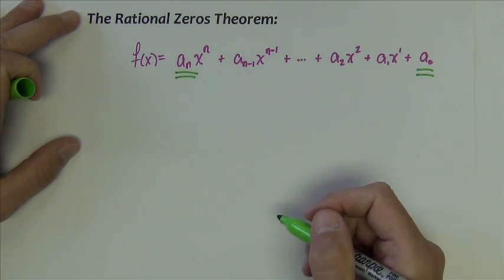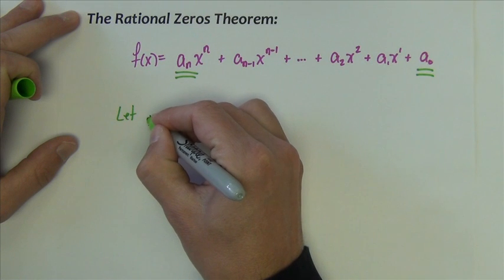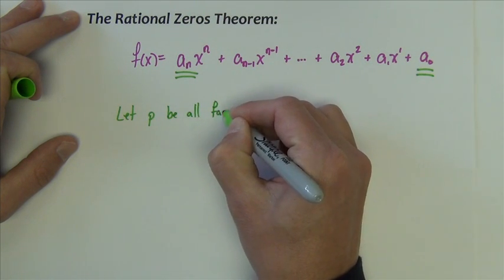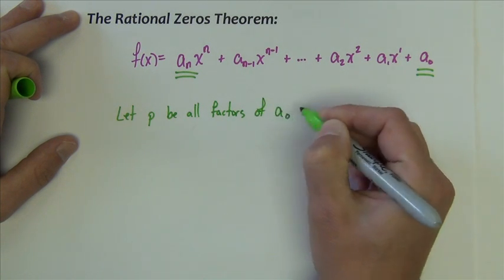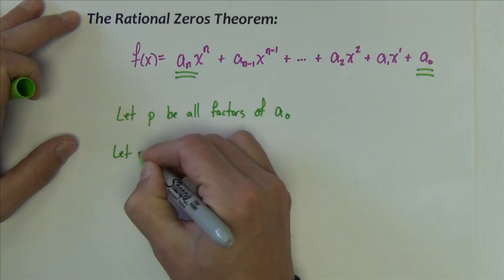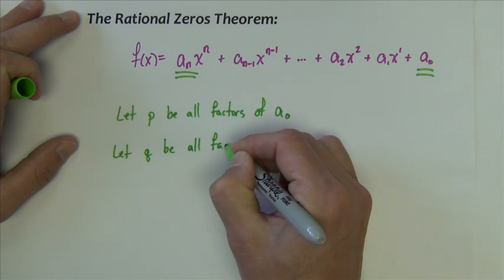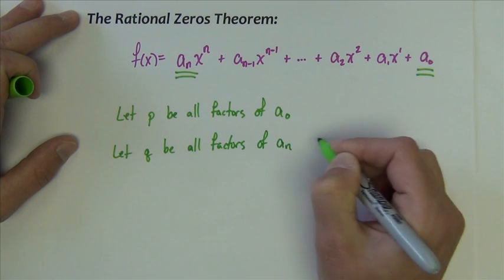So let's define it this way. We're going to let P be all factors of a sub 0. We're going to let Q be all factors of a sub n.